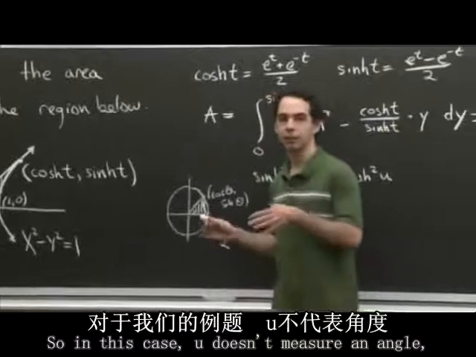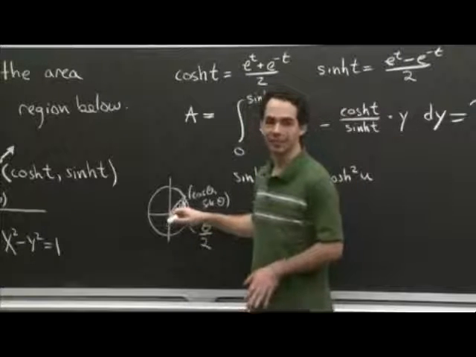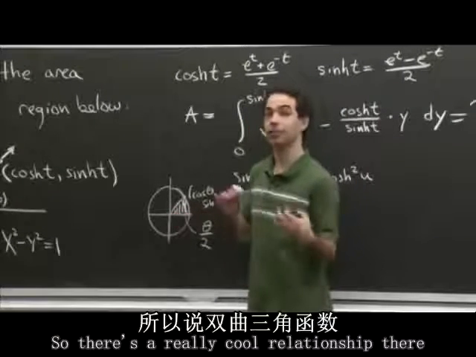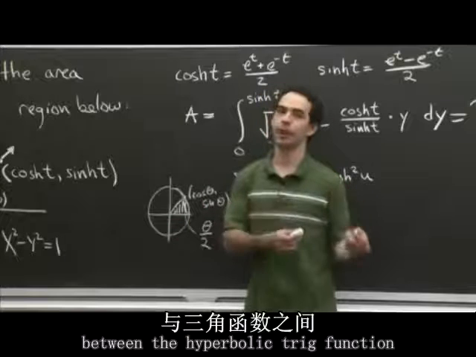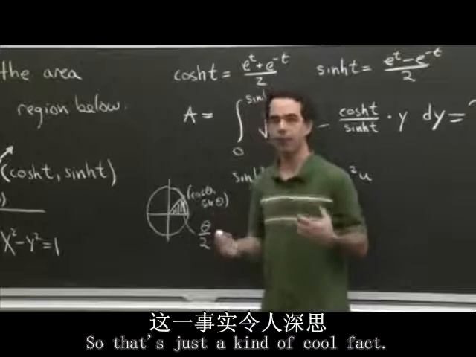So in this case, u doesn't measure an angle, but it does measure an area in exactly the same way that theta measures an area. So there's a really cool relationship there between the hyperbolic trig function and the regular trig function. That's just a kind of cool fact.